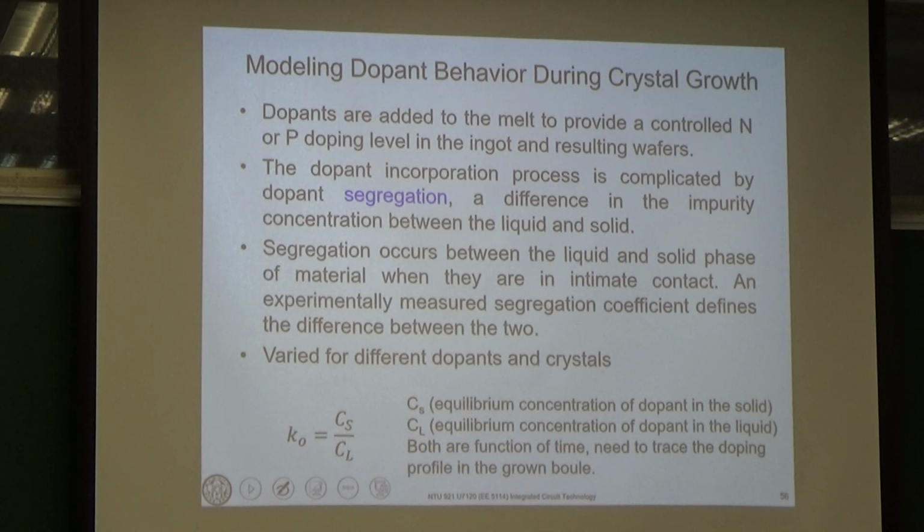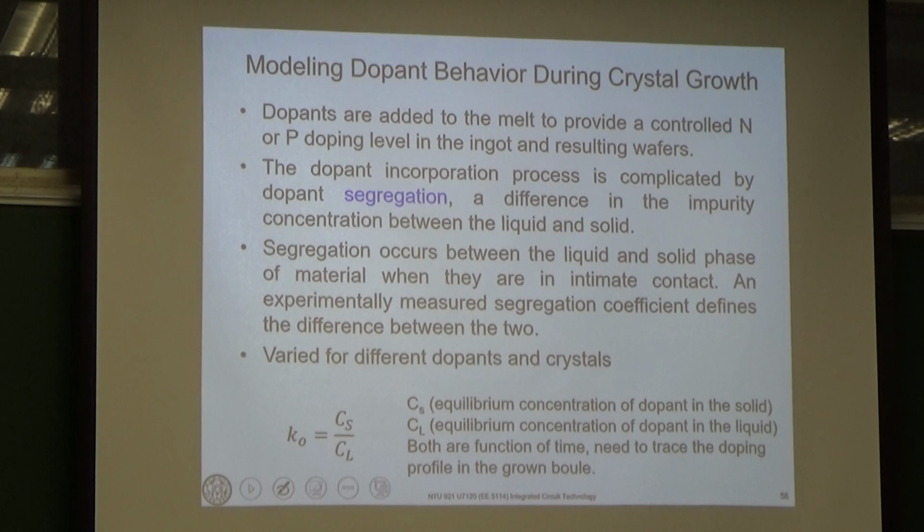But this dopant incorporation process is complicated because they will segregate, which means they have different concentrations in the liquid and in the solid. And this segregation occurs between the liquid and solid phase of the material.